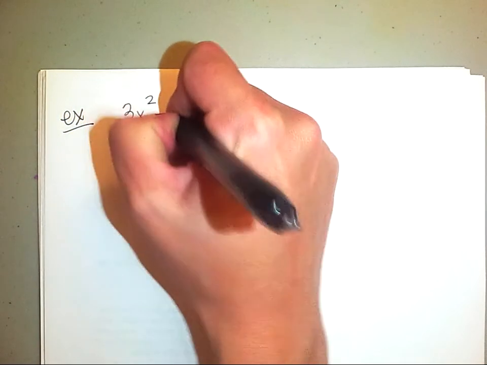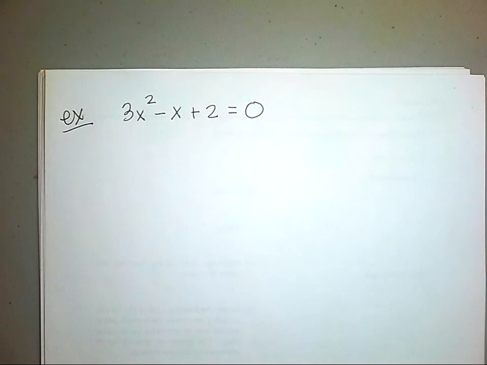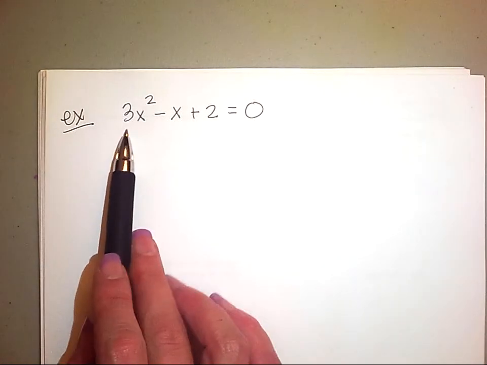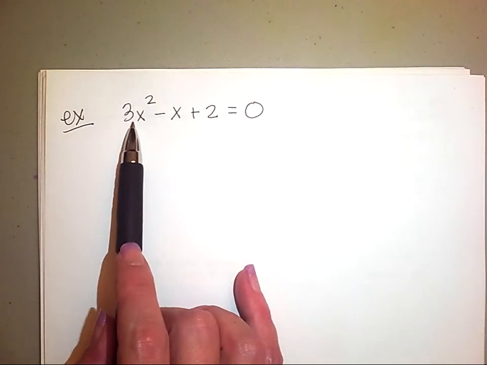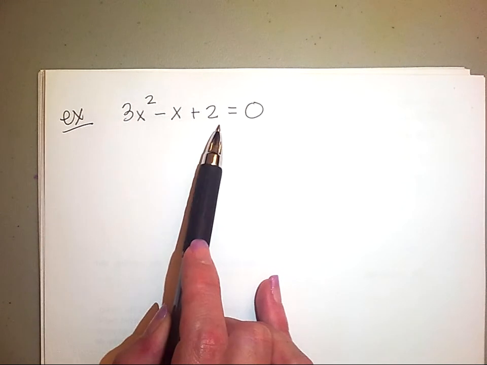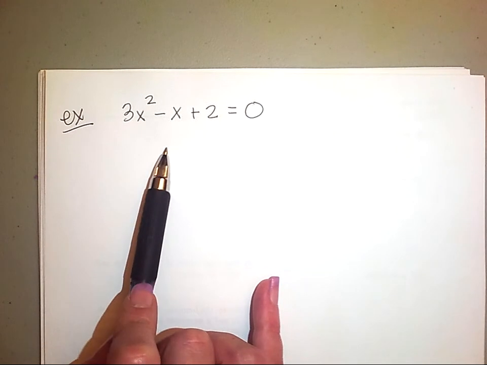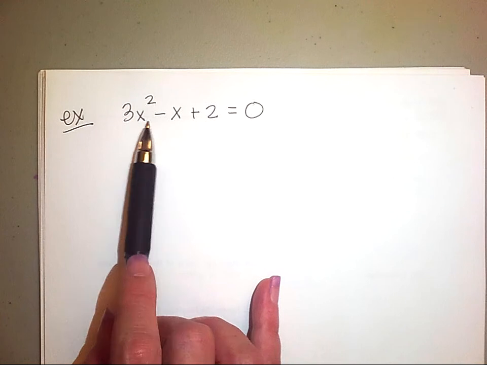3x squared minus x plus 2 equals 0. So this is really not one that I would want to complete the square on at all. The coefficient on x squared is 3, so I'd have to divide everything by 3. That would give me negative 1/3 here, and while it could be done, it's going to be messy.